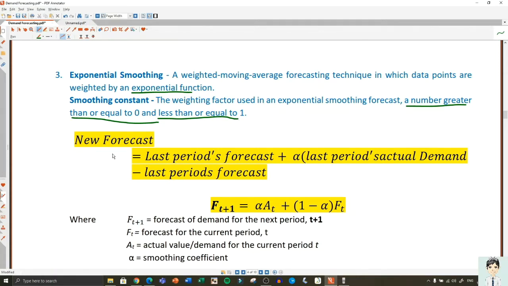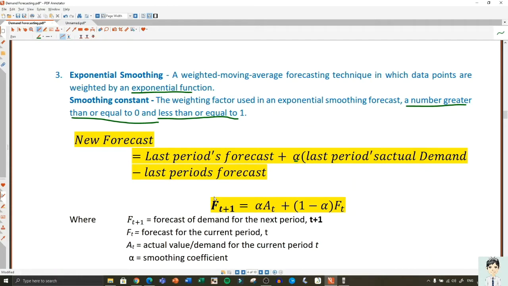The new forecast is equal to last period's forecast plus the smoothing constant alpha multiplied by the difference of last period's actual demand and the last period forecast. Okay po.